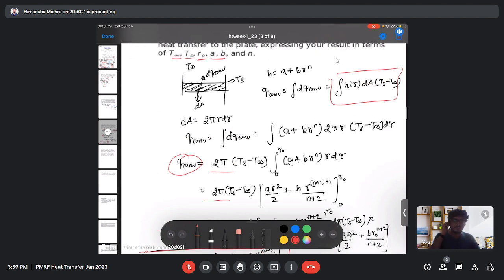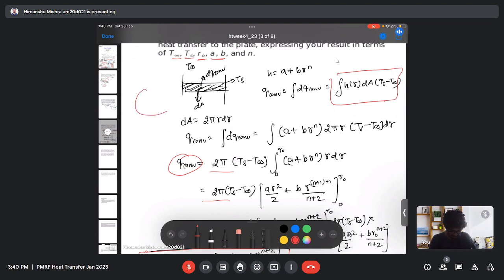So any doubt in this question? Sir, you have taken area dA as 2 pi r dr. So it means the heat loss through the edge only we have considered. Yes, because this is a convection heat transfer, there will be heat transfer from the gas to the surface.